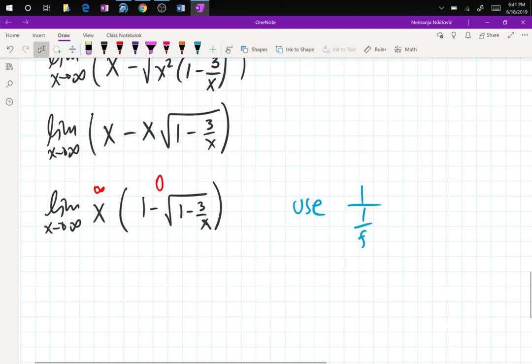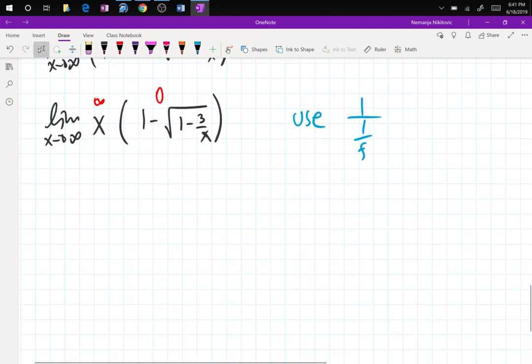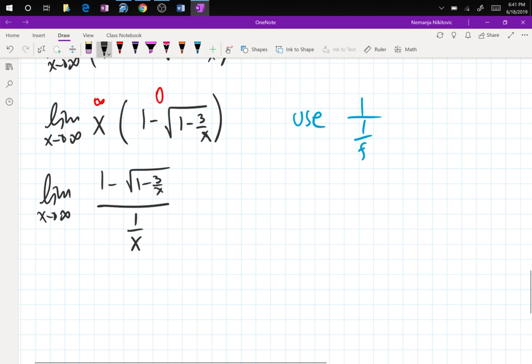So now we have infinity times 0 and we use 1 over f. So we're going to kick x downstairs. If you like pain, try the other one, see what happens. And now, at this point, you have 0 divided by 0.